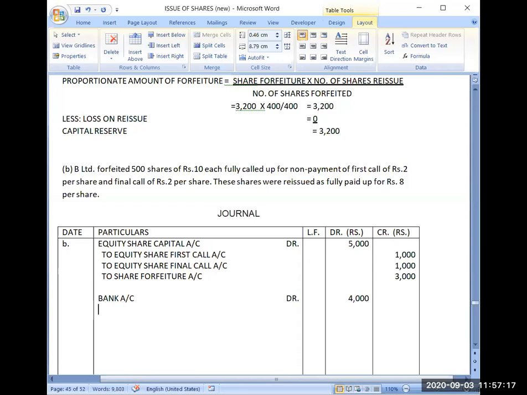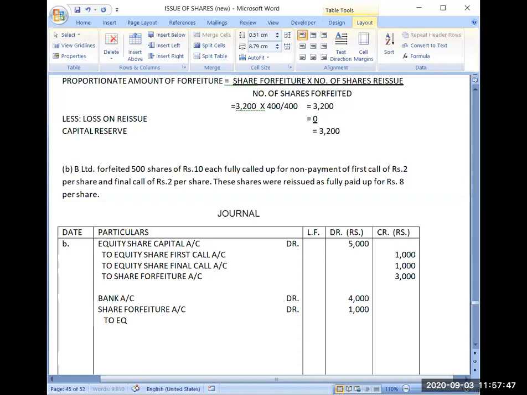And because now I am taking only rupees 8, but I am assuming capital as fully paid up rupees 10, I will be having some loss. That loss I will cover from share forfeiture account. So 2 rupees multiplied by 500, it will become 1,000. Yes, very good. Keep answering.